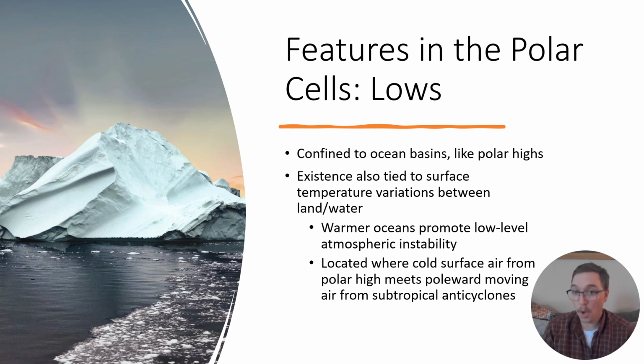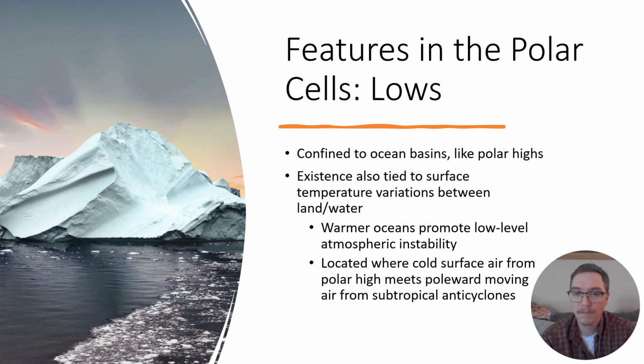Our low pressure systems within our polar cells are confined to our ocean basins, much like the polar highs are. Their existence is also tied to surface temperature variations between land and water, as you would expect. But warmer oceans are promoting this low level atmospheric instability, air rising off of the warmer surface of our ocean versus the temperature of the lower air.